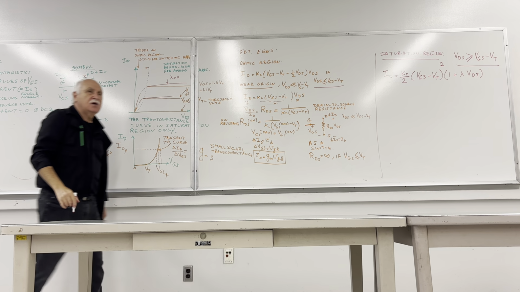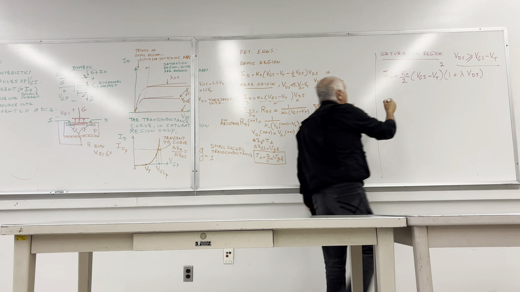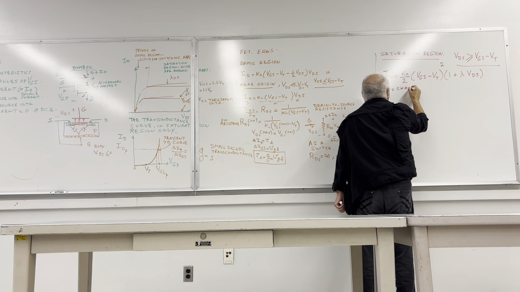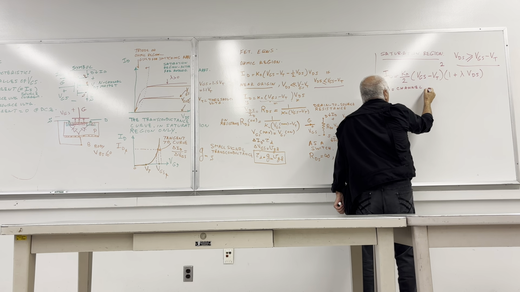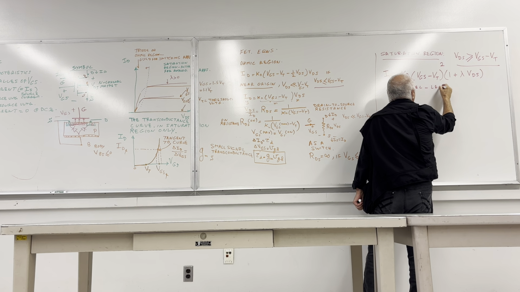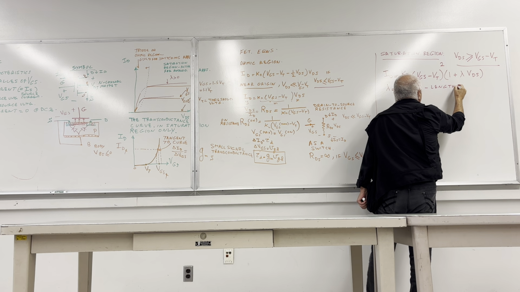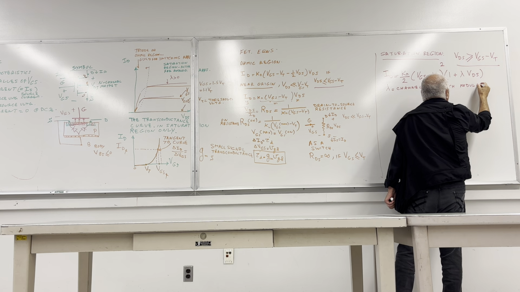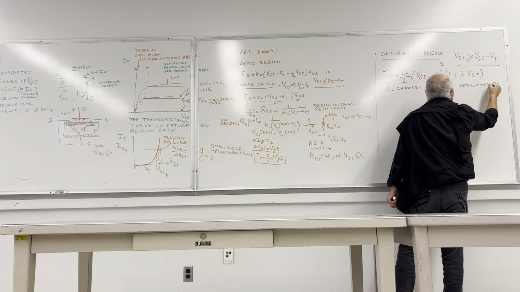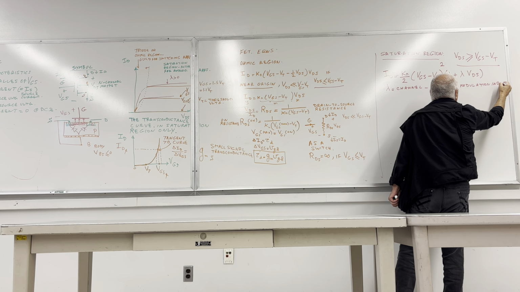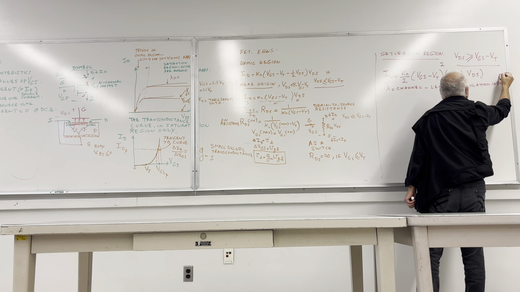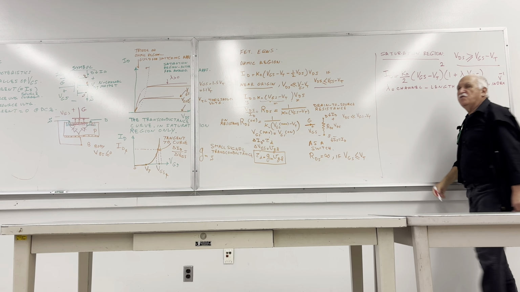Lambda is called the channel length modulation index. The unit of that is volt to the minus 1. It's the reciprocal of volt.